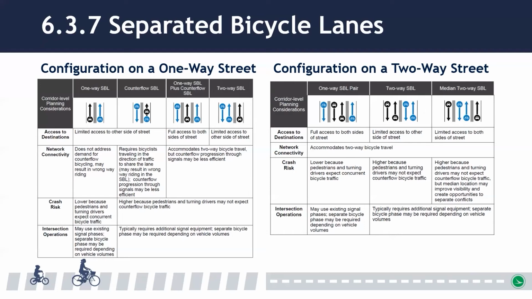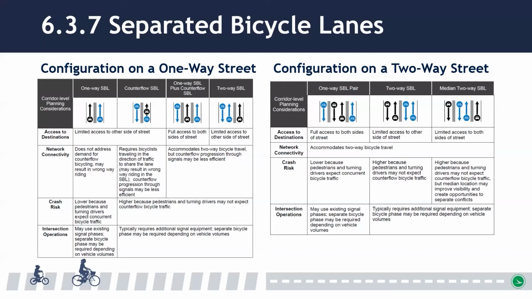Selecting the appropriate configuration requires an assessment of many factors, including safety, overall connectivity, ease of access, public feedback, available right-of-way, curbside lane users, intersection operations, egress and ingress into the bikeway, maintenance, and feasibility. The analysis should also consider benefits and trade-offs of people bicycling, walking, taking transit, and driving.